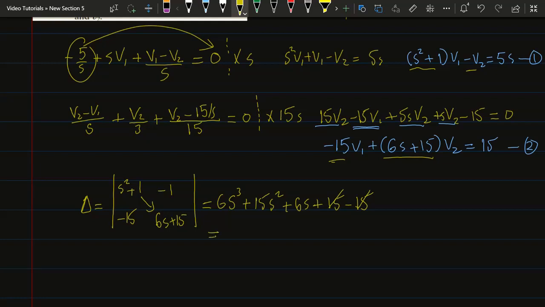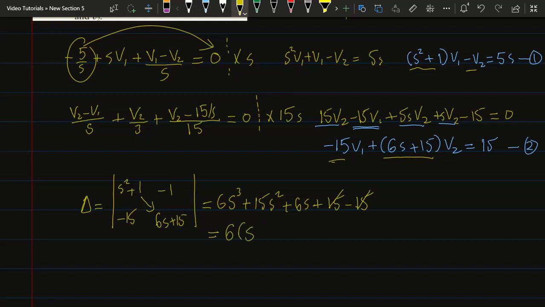And well, I know that I have to divide by this later, and to do the Laplace transform I know the coefficient of the highest power of s should be 1, so I will just take 6 as a common factor.